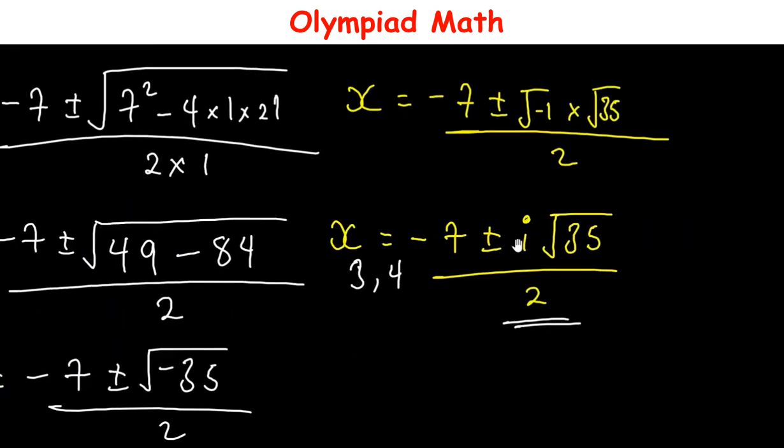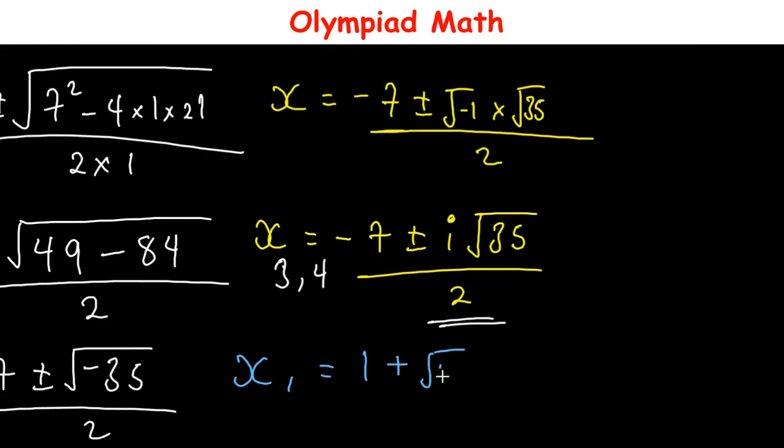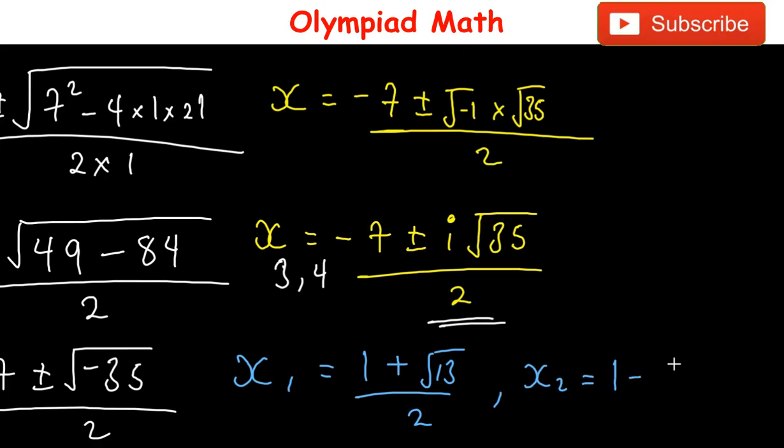So let's put it down. So the solutions of x are x1 is equal to 1 plus root 13 over 2. We have x2 is equal to 1 minus root 13 over 2.